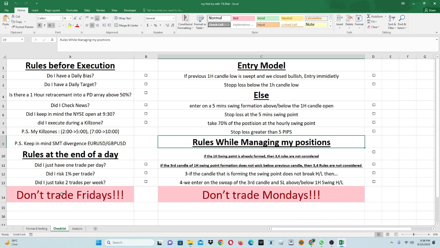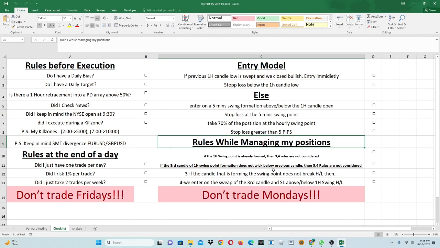Also, I have fixed variables at the end of the day or at the end of the week. So this is what I start with to frame an opportunity going into the market, and this is how I execute.